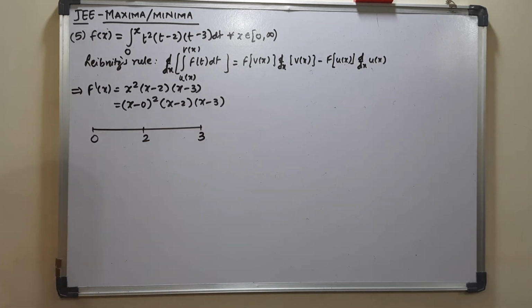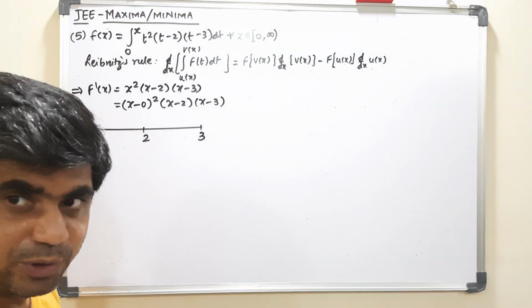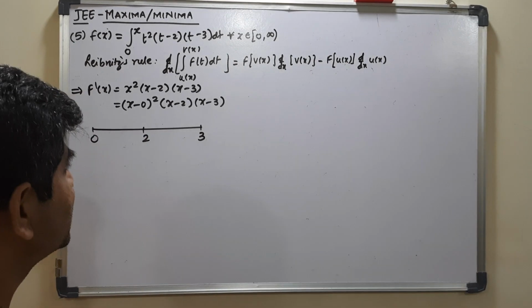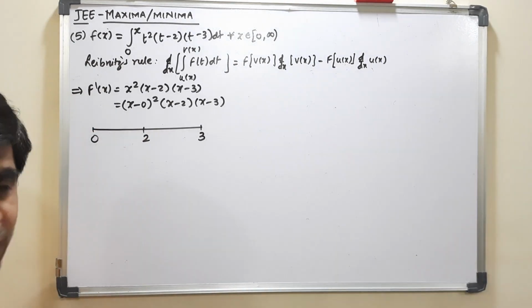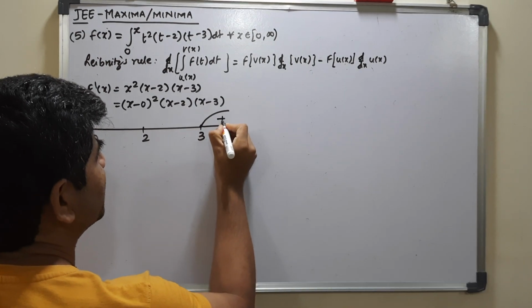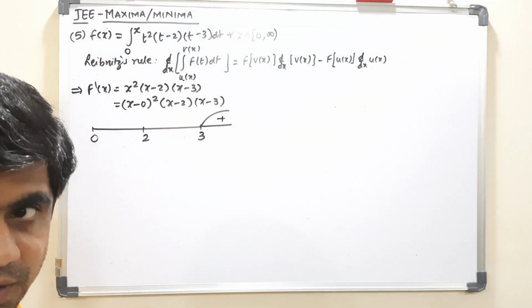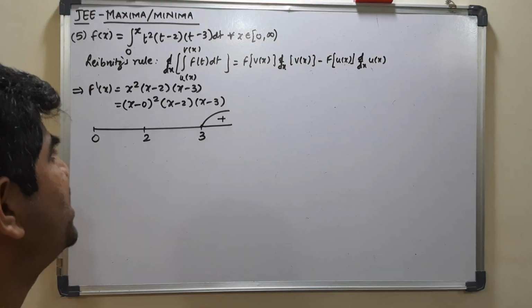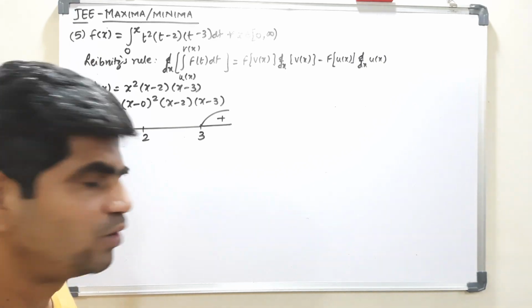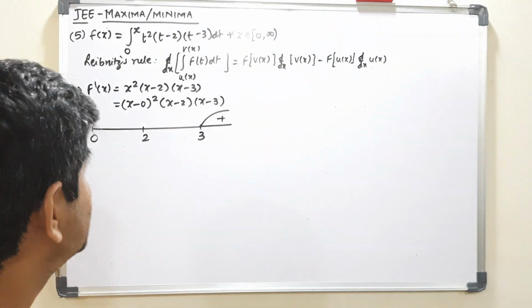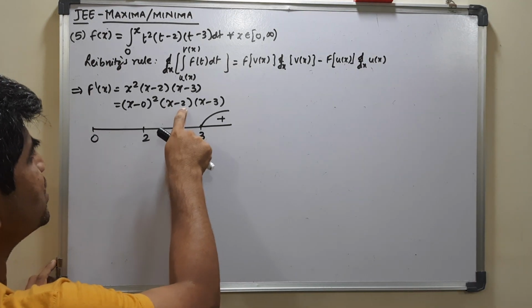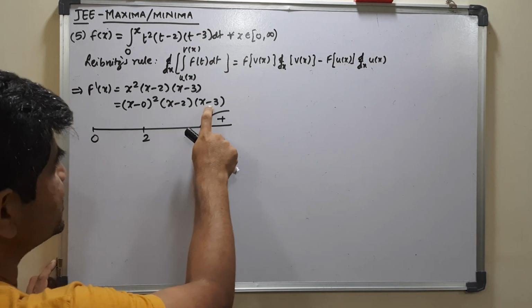Any value more than 3 if you take, this derivative is going to become positive. That means, as I showed you in wavy curve method earlier, this will become plus over here. Now if I take any value between 2 and 3, say 2.5, this part is positive and this part is negative.